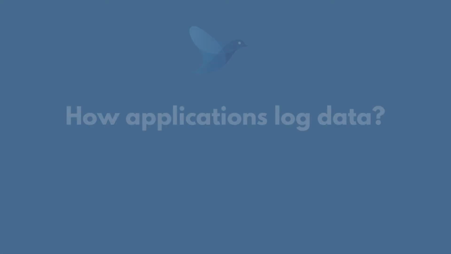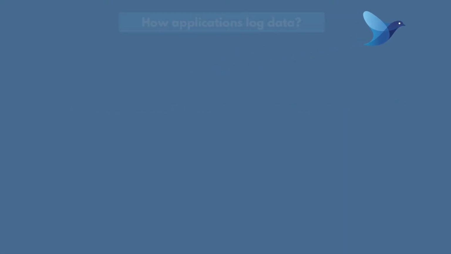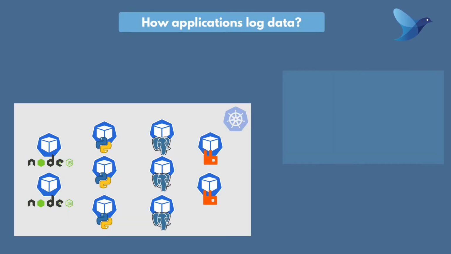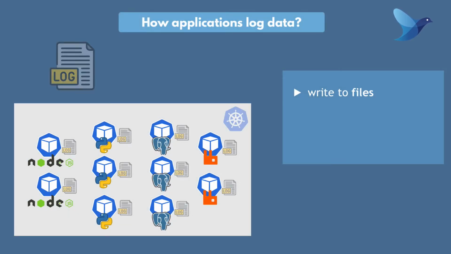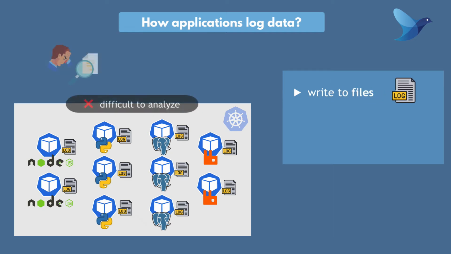Now the question is, how do applications log this data? There are a few options. First one is applications write to a file, which is a common way of logging in applications. However, as you can imagine, it's difficult to analyze loads of data in raw log files. So it's not really for human consumption.